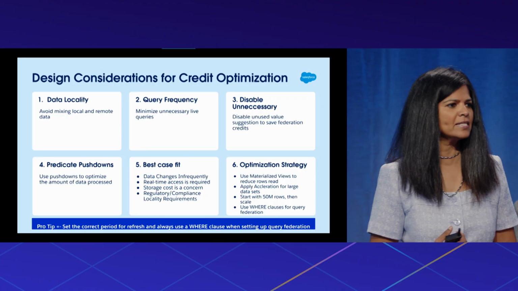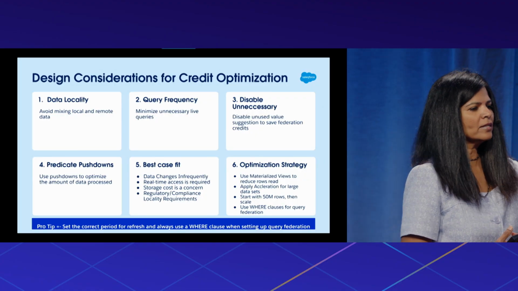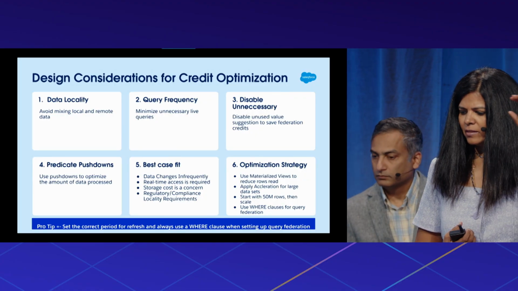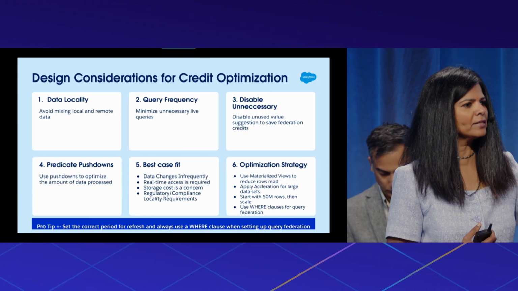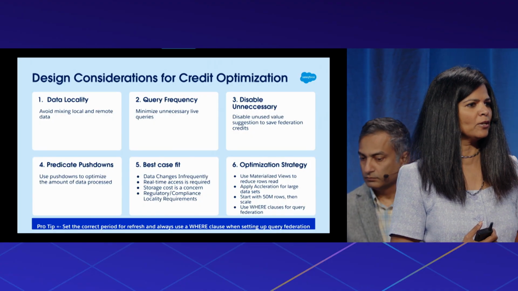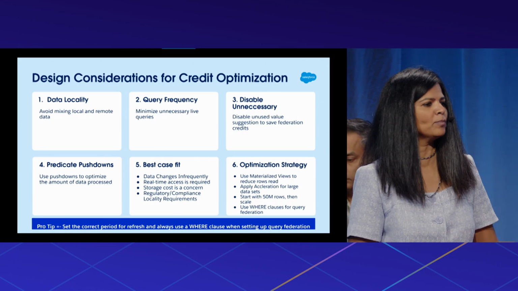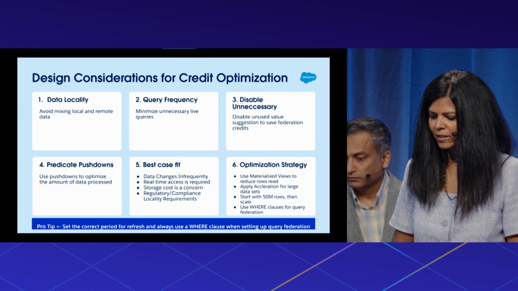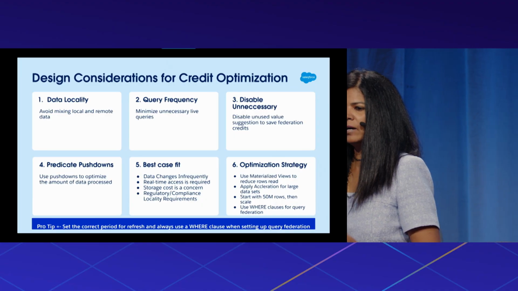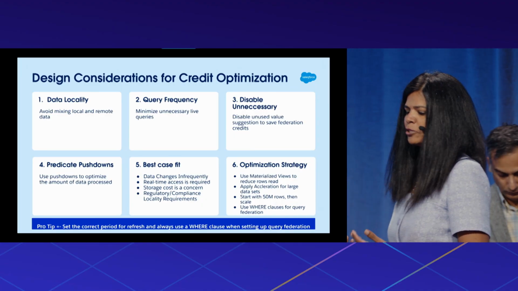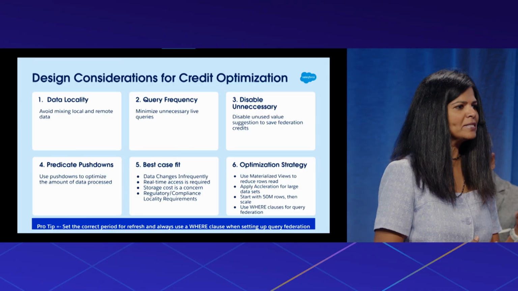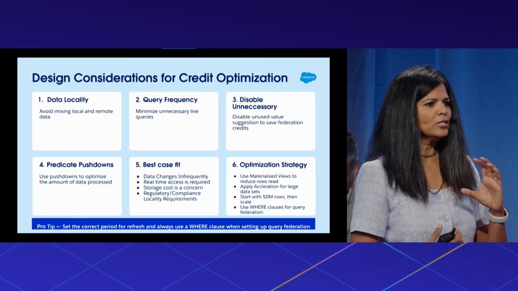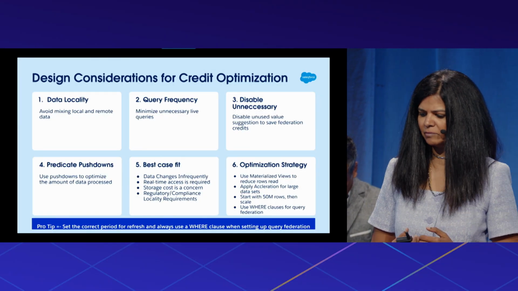An example of this is the edit drop-down which is populated with recommended values. You can turn that off so it doesn't go back and try to populate that every time with zero copy. When you're using queries to retrieve data, make sure you use pushdowns to optimize the amount of data processed. That means you're limiting the amount of data that comes back. So always make sure that you're doing that.